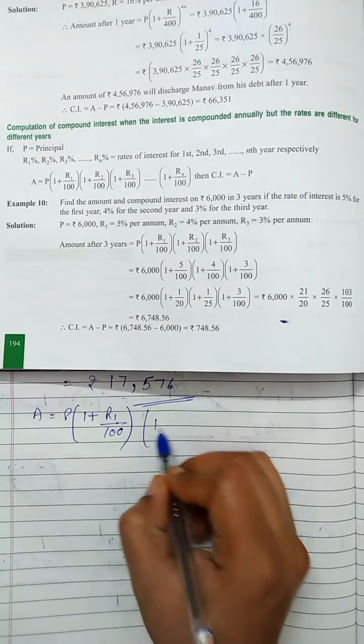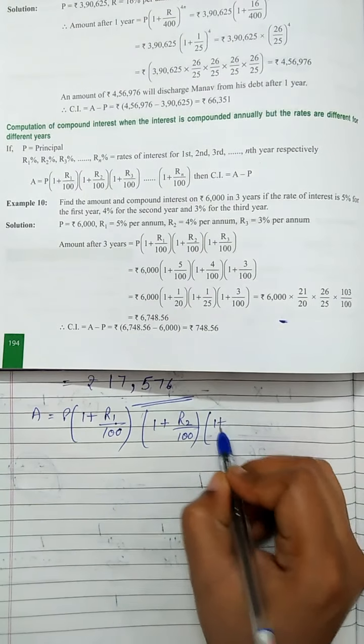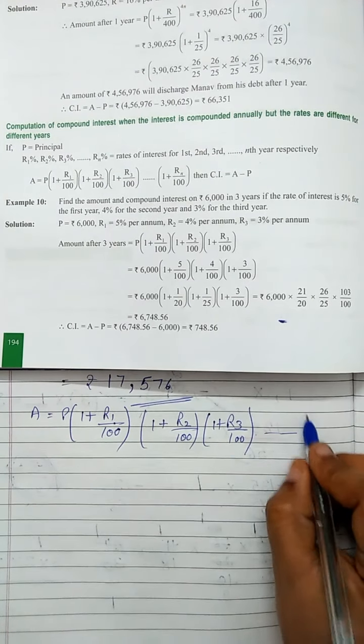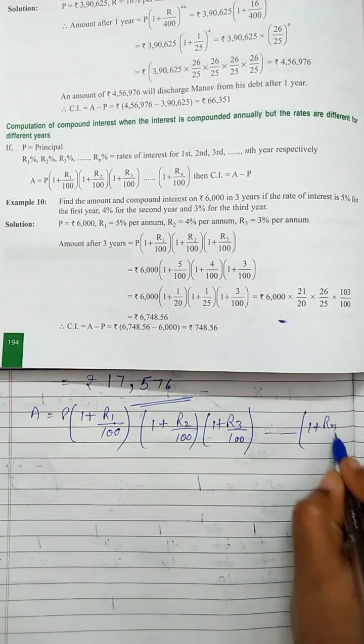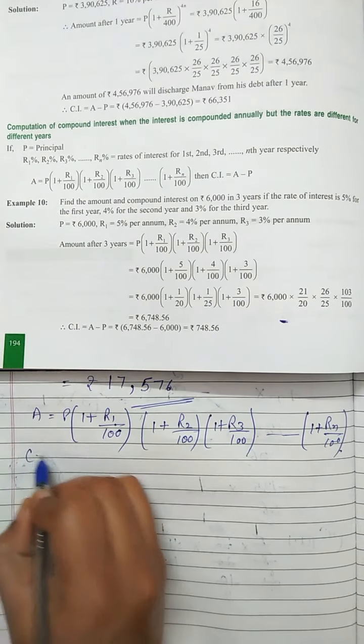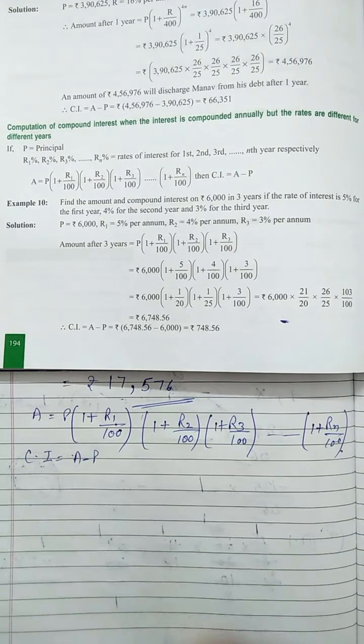Next 1 plus r2 upon 100, 1 plus r3 upon 100, and so on, up to rn upon 100. Okay, so if we want to calculate compound interest, just subtract principal from amount.